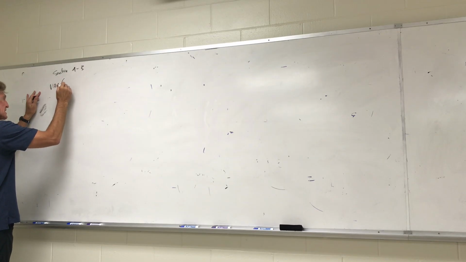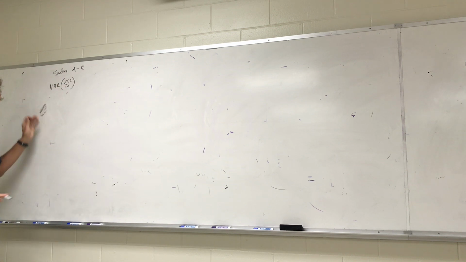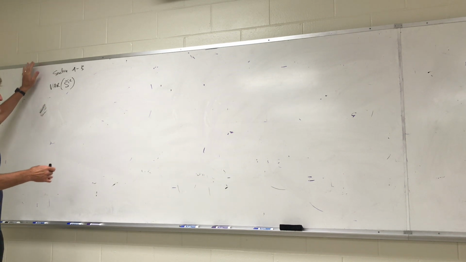The variance of, and this is going to be the variance of the sample. So if you have 1,000 in a population, you sample 20, then this is the standard deviation that is a random variable of the 20 you sample. It'll be a mean squared value of standard deviation.